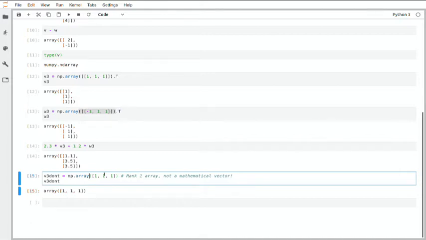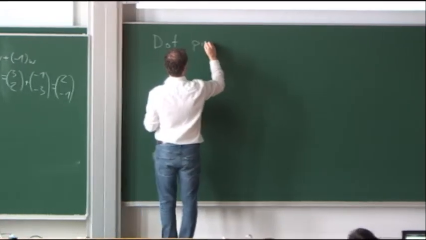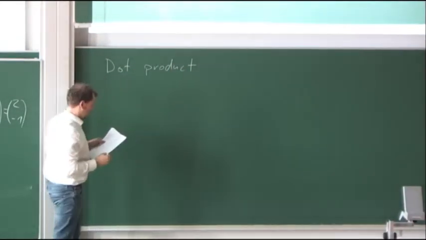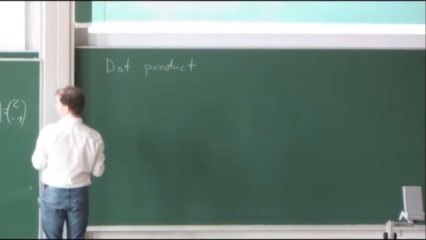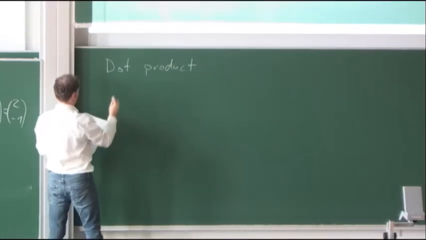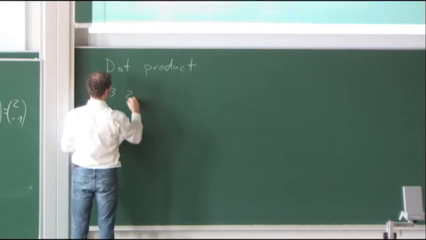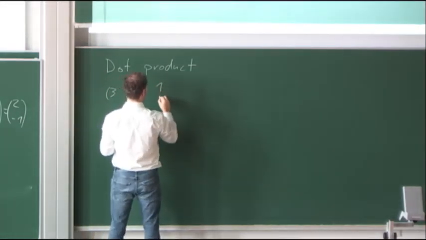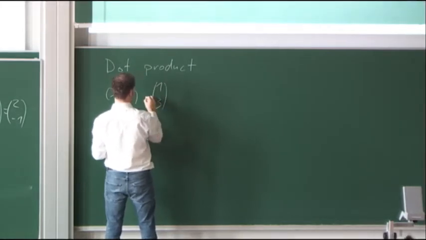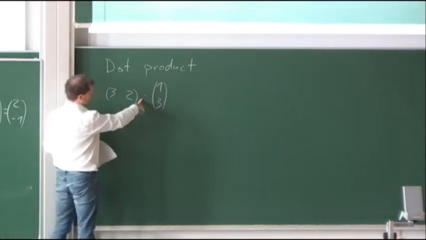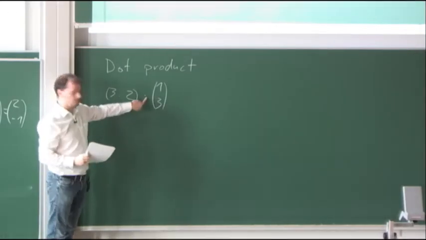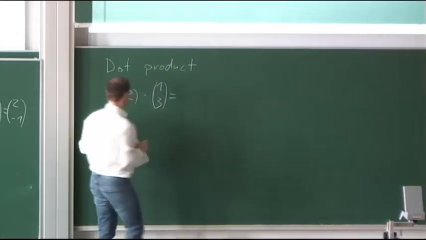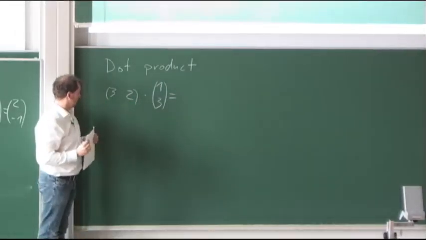So, dot product. It's actually very simple. So let's take one vector 3, 2 as a row, and one other vector 1, 3 as a column, and let's draw a small dot here. So it's called dot product because we draw a small dot. And it's actually very simple.